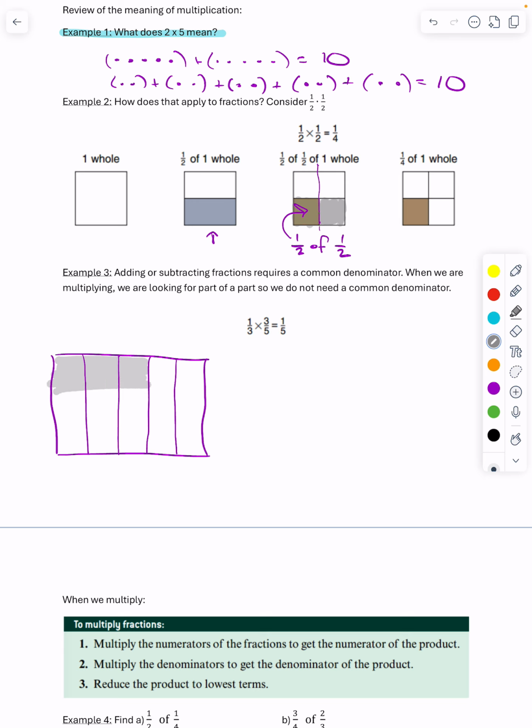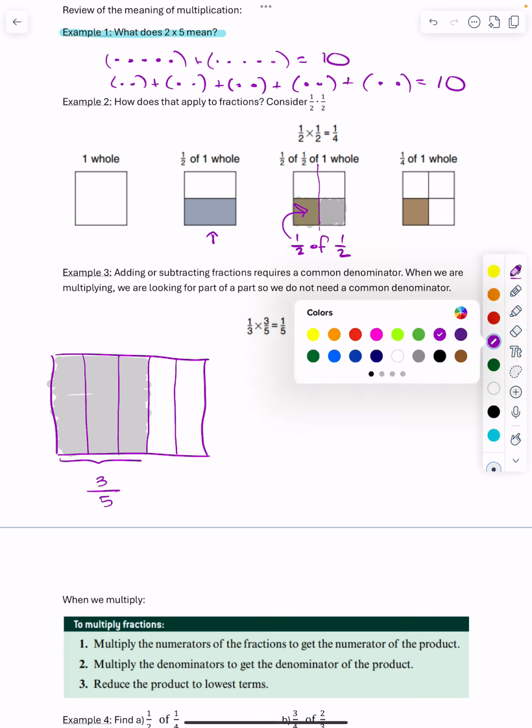So here's my first picture, 3/5. So there is 3/5 of the whole. Three out of 5 same size parts. I want 1/3 of that. So what I'm gonna do is I'm going to divide the other direction. It just helps me see what's going on.